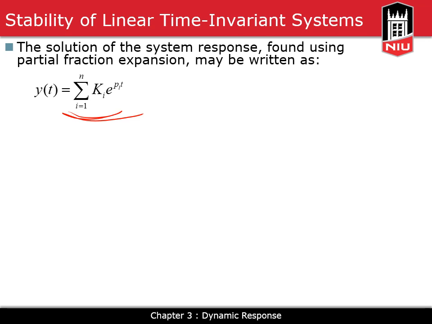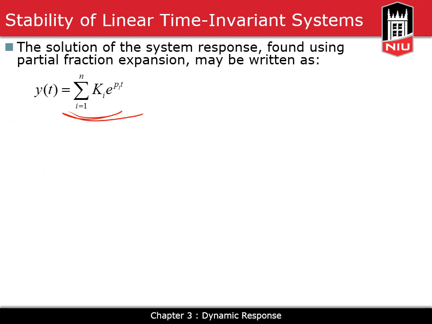A constant ki over s minus pi is the Laplace transform of ki times e to the power of pi t. So the inverse Laplace transform of the summation of all those fractions will be the summation of ki times e to the power of pi t.